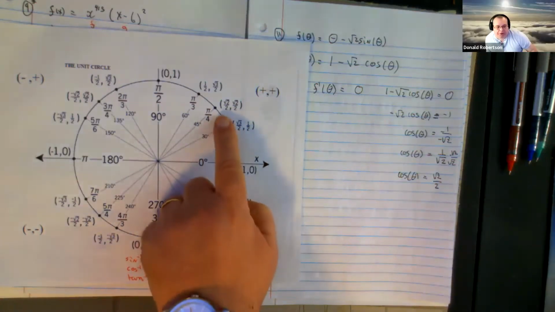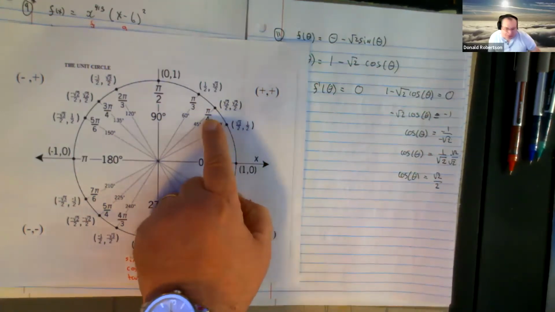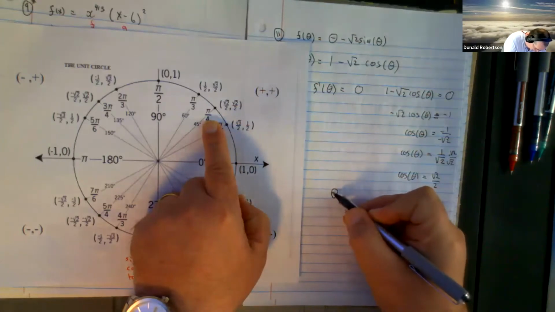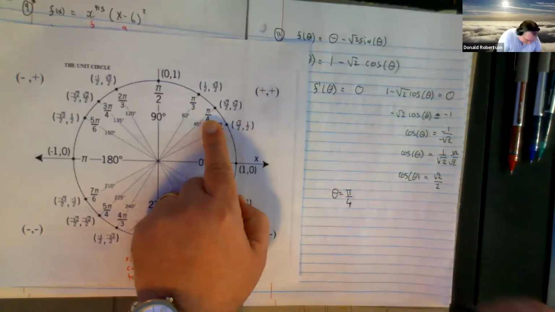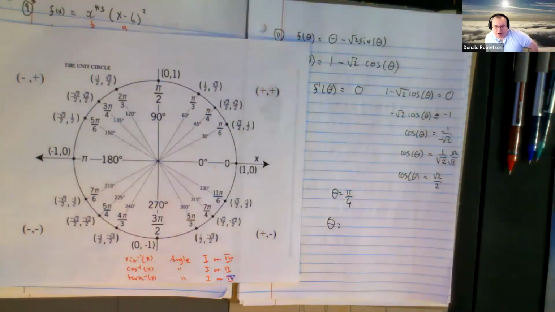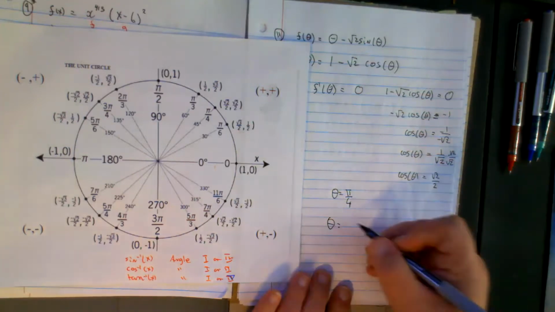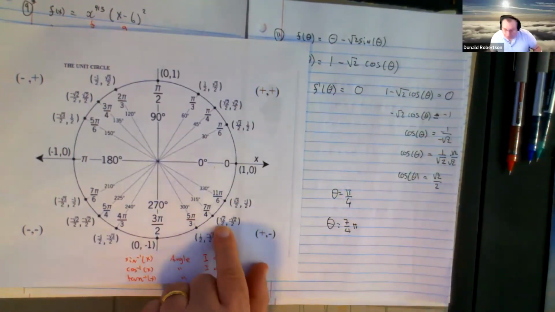Now, if you look at my unit circle, do you see there's an x coordinate of positive root 2 over 2, and the angle, because we only do radians in calculus really, is pi over 4. Is there anywhere else in the unit circle that has an x coordinate of root 2 upon 2? Because that also is one of these solutions. 7 pi over 4. Let's point at it. You agree? This one here.